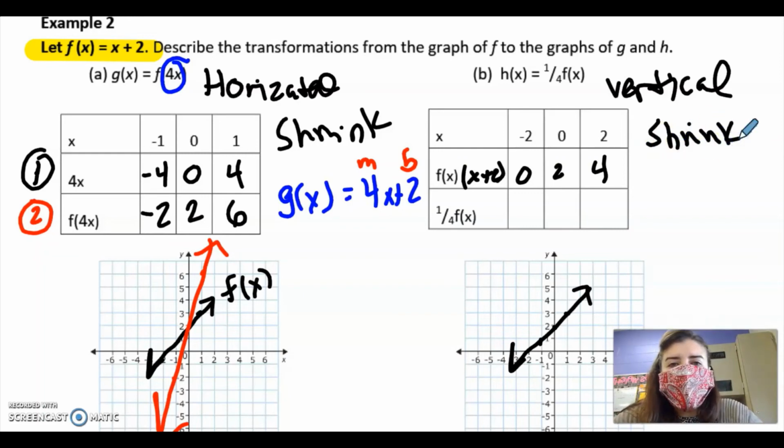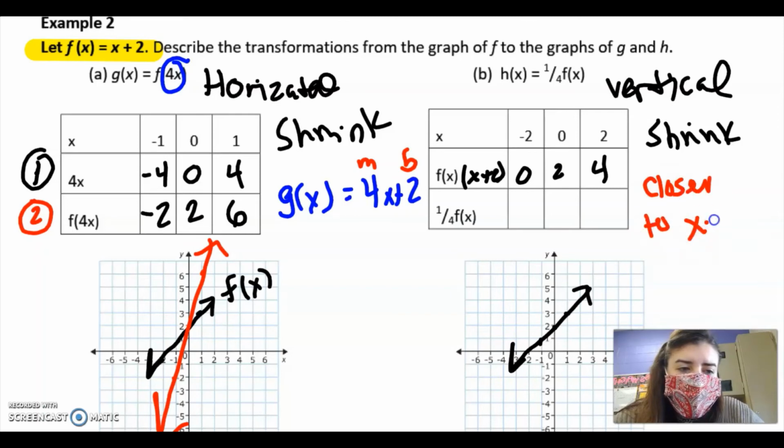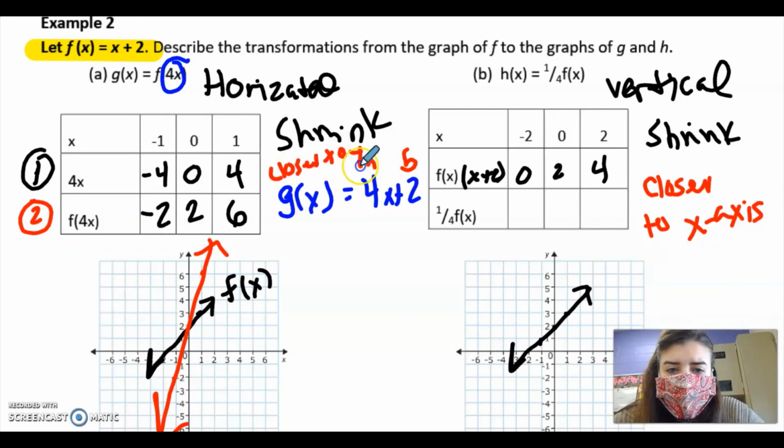Okay. Because it's a vertical shrink, it's going to get closer to our x-axis. Just for your reference, this horizontal got closer to the y-axis.